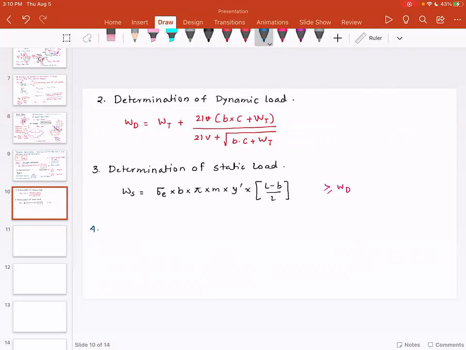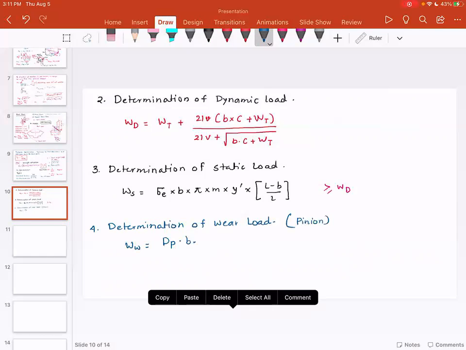The next step is determination of wear load. And that is given as same equation as the spur gear, Ww, and it's always done for the pinion, dp times b times q times k.